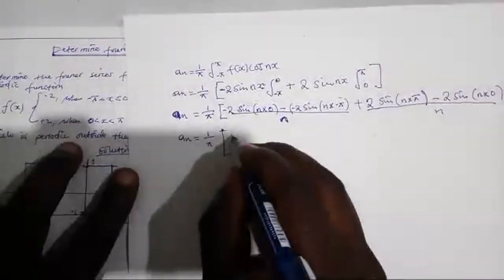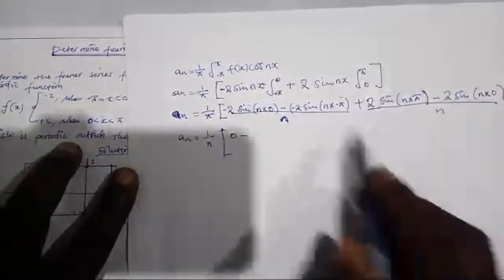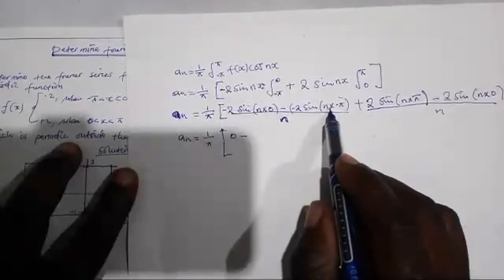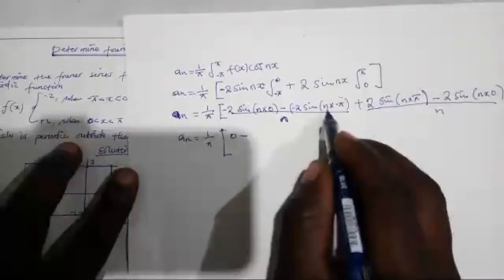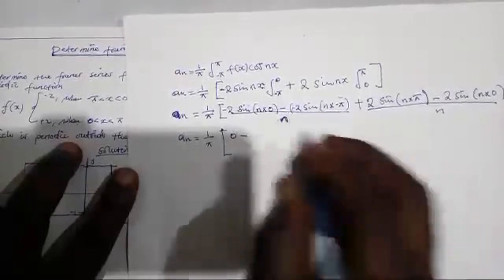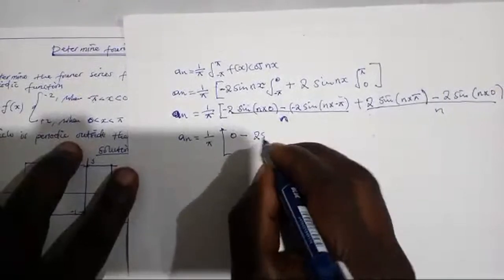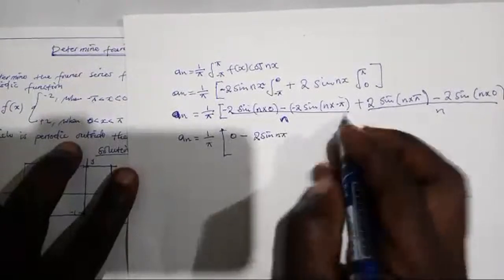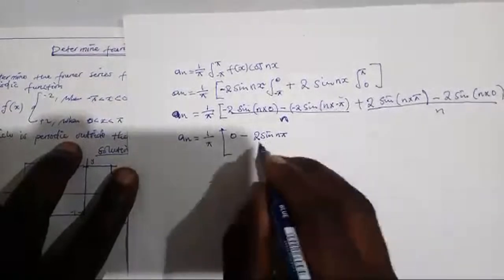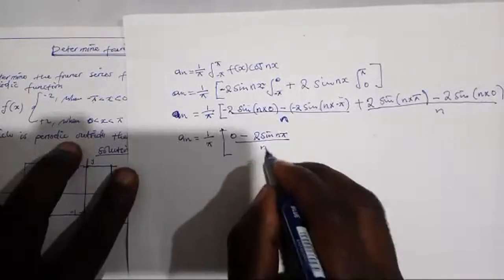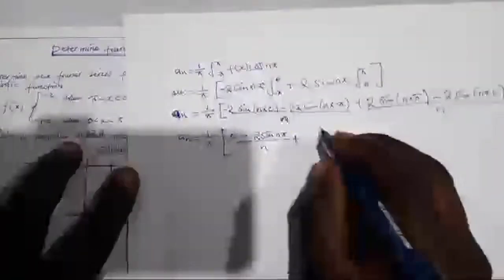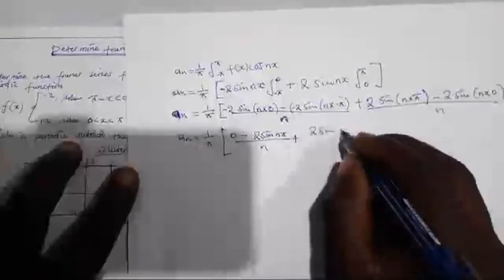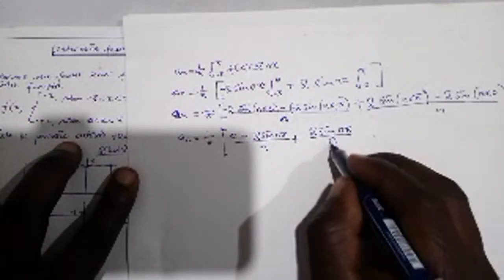So here you are going to have 0, okay, minus, then here you are going to have n times pi, you are going to have n pi, okay, times this one, you are going to have 2 sine n pi, okay, because negative and negative goes, we remain with positive, okay, then you divide by n, okay, then plus here you are going to have also sine, so you're going to have 2 sine n pi, okay, then over this n here.